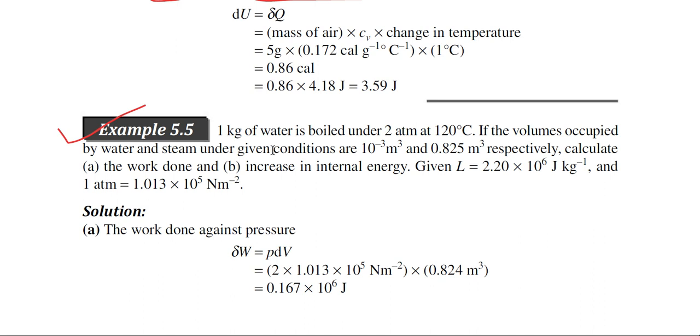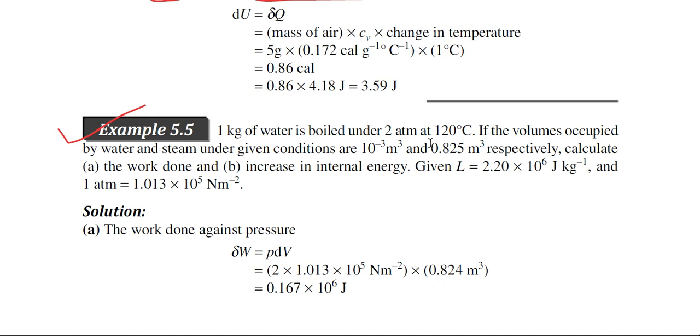When water is boiled, some part of the water will be converted into steam. The volume of water and the volume of steam are both given. From the volume of the steam, we can say that this part of the water has been converted into steam.